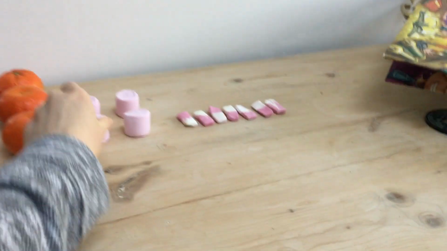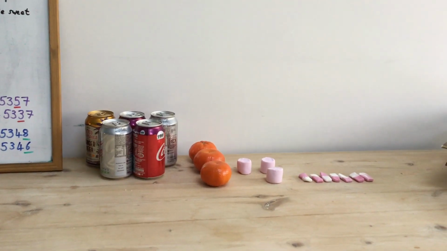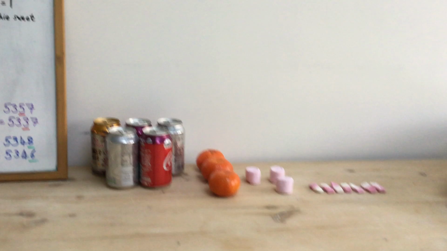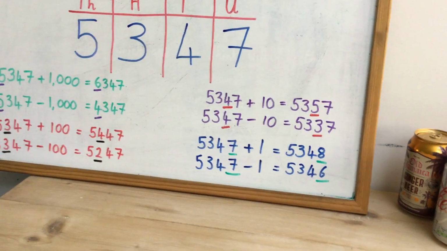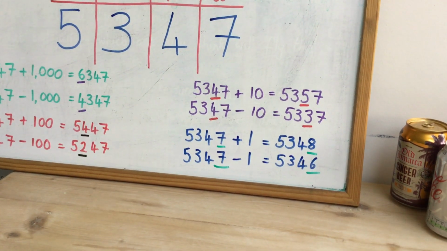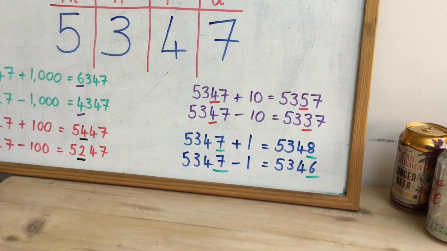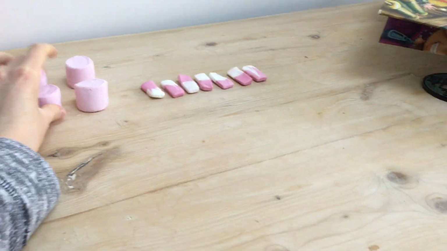So I'm going to take one of these 10s away. My new number is 5,337. And again, as you can see in the purple, it's only the tens digit that has changed. It's gone down 1 from 4 to 3. Let's put my 10 back.